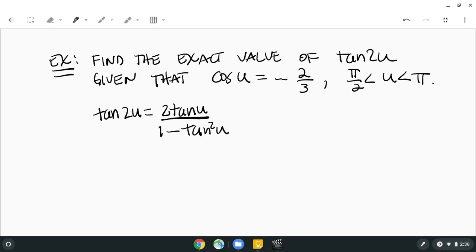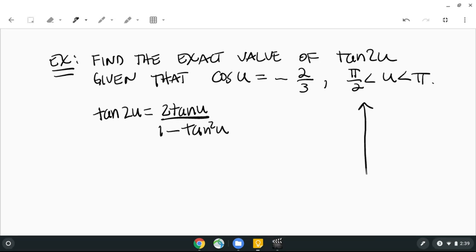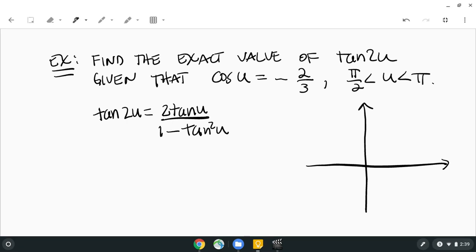Okay, so we have this formula, right? So we need tangent u. Okay, we don't have that. We know cosine u, but we don't know tangent u. So let's go ahead and draw. Okay, so u is between pi over 2 and pi, so that's quadrant 2. So let's go ahead and draw our angle here.